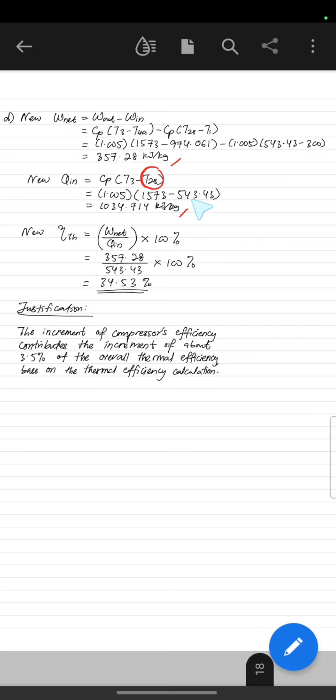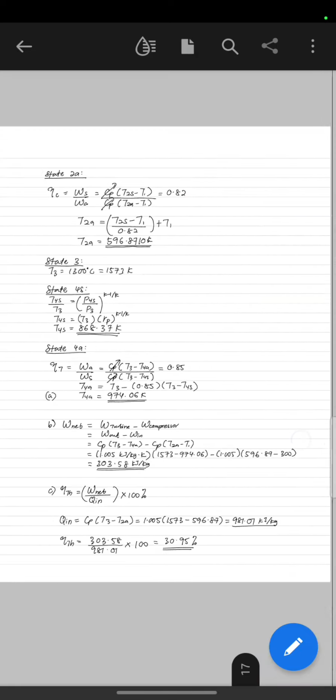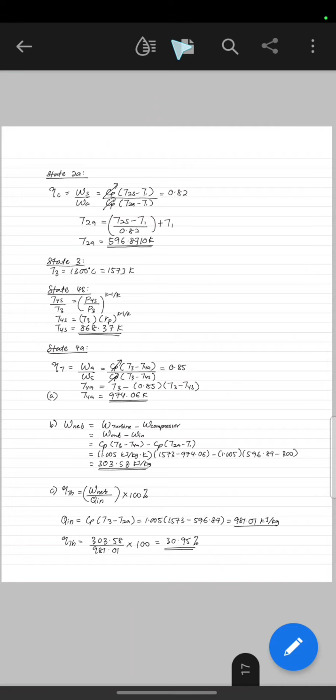So this is your new Q in value. You plug both numbers into these equations, and it will give you the new thermal cycle efficiency, which is 34.53%.